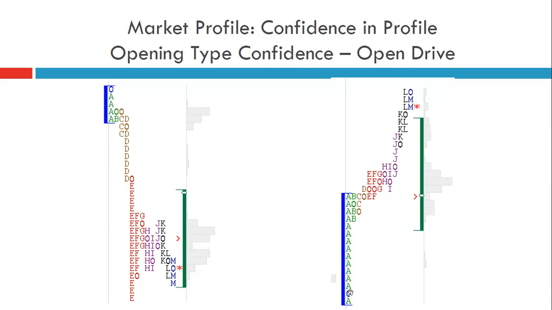In this case, if you see, the profile is much wider. It indicates more confidence, although when the initial balance is wide, you cannot expect a trend day with ease, but that is a different matter altogether. We are just referring to confidence here. Okay, so I just hope this part is clear.